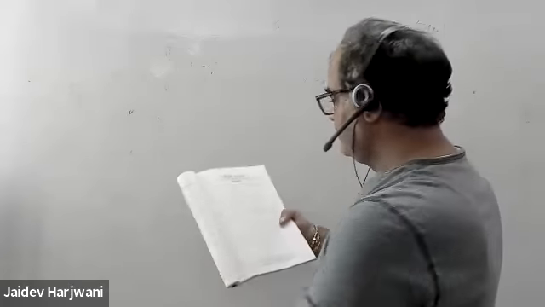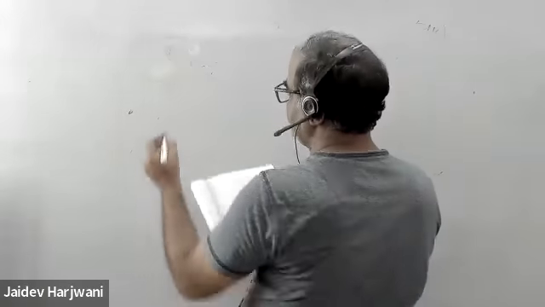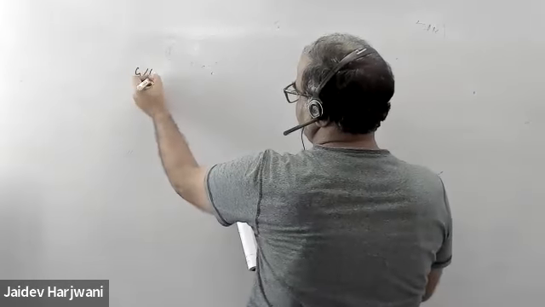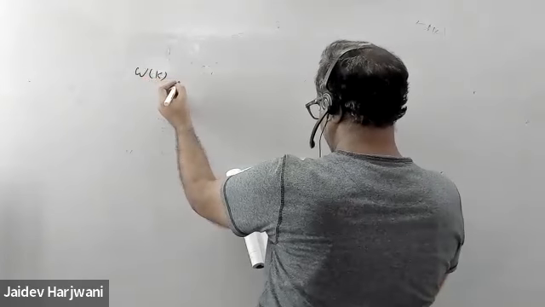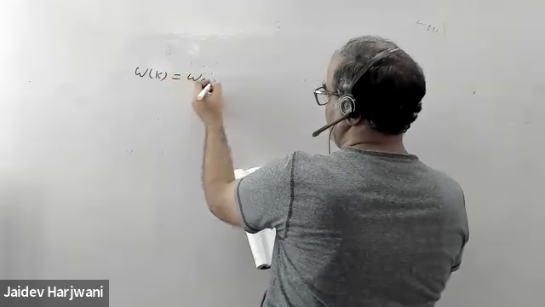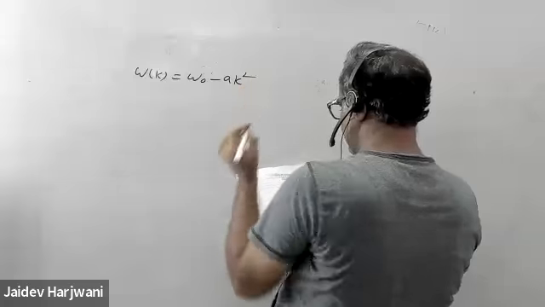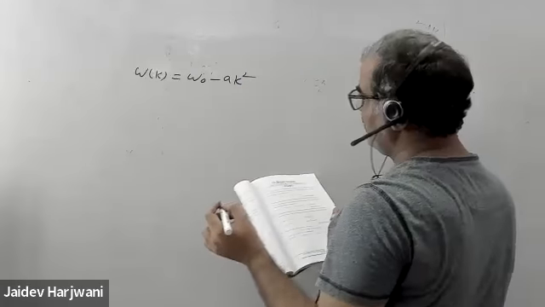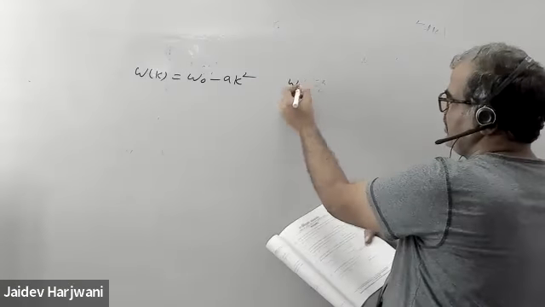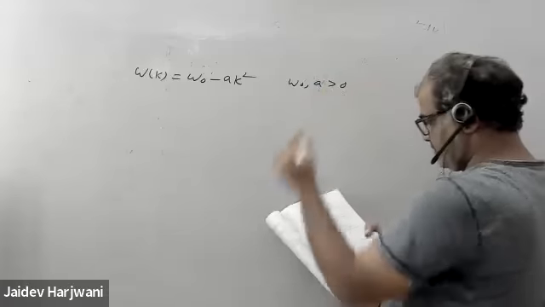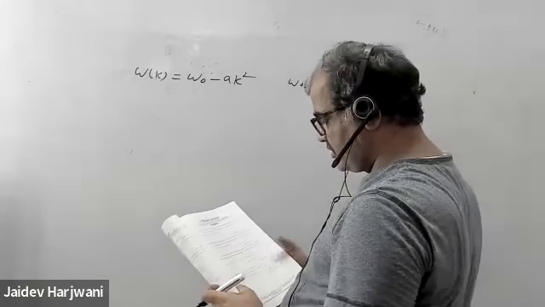Yes, on dispersion relation. The dispersion relation for optical phonons in a cubic crystal is given. We are given this dispersion relation, omega k equals omega naught minus a k square, where omega naught and a are positive, both are positive constants.